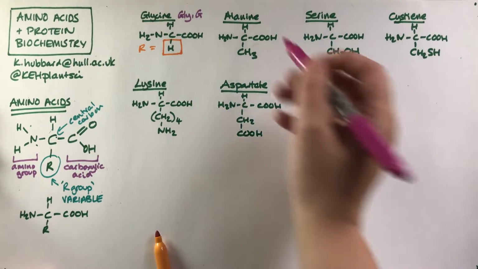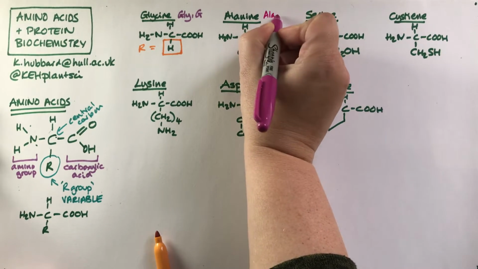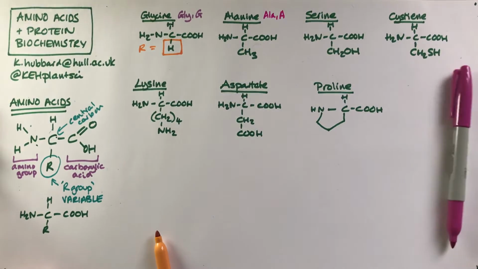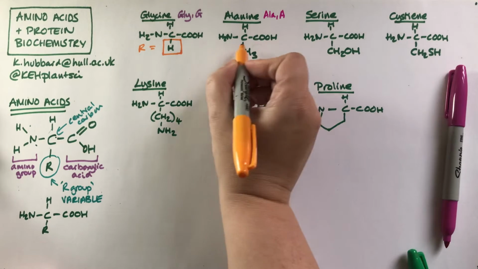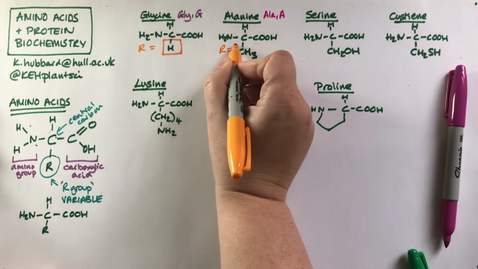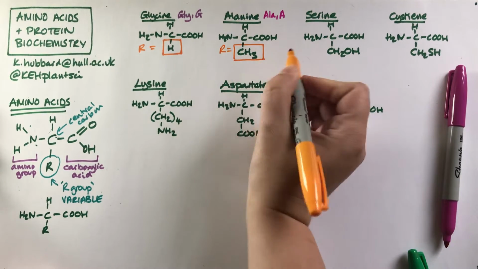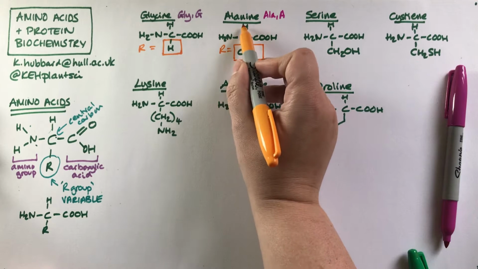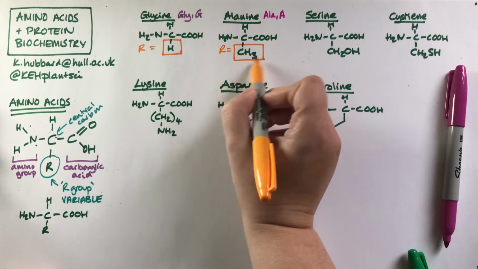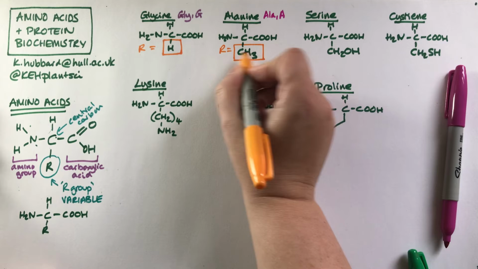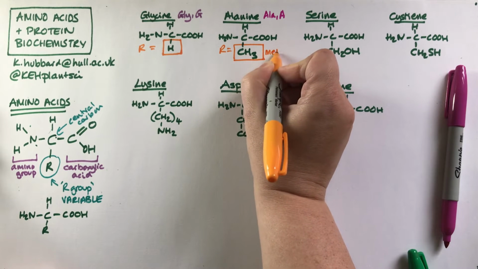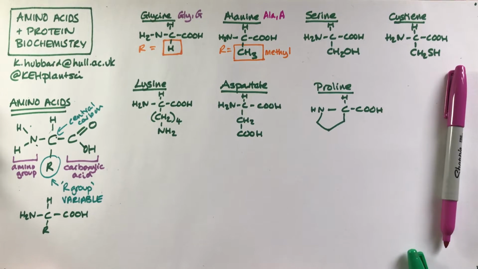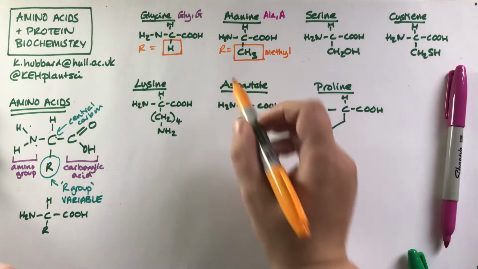Let's go to alanine, which is ALA, or just A in the amino acid codes. The R for alanine is CH3. So just go through again. We've got the NH2, we've got the H, we've got the COOH. Here's our R group. So CH3, which we should know is a methyl group. So alanine has a methyl group in this R position.